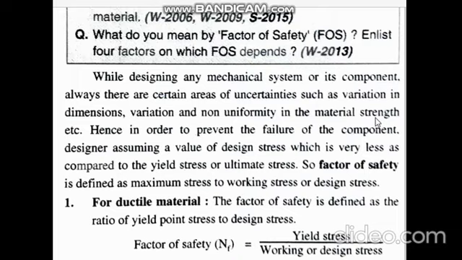What you should do is design for the worst possible condition. It should not break for two people, three people, even five people sitting on the cycle. So this is uncertainty about load.